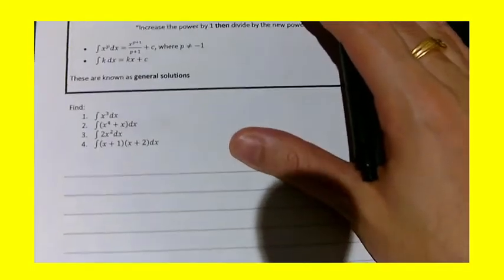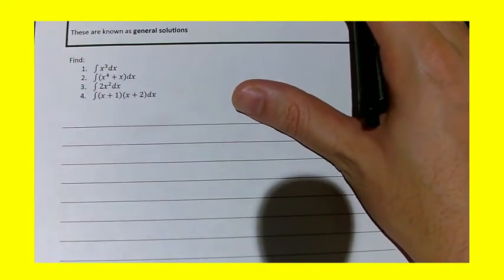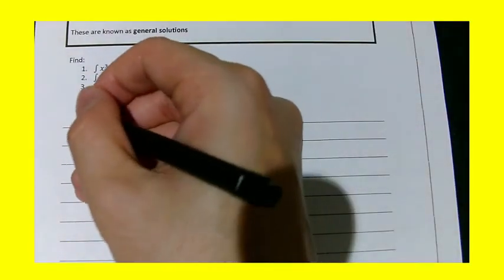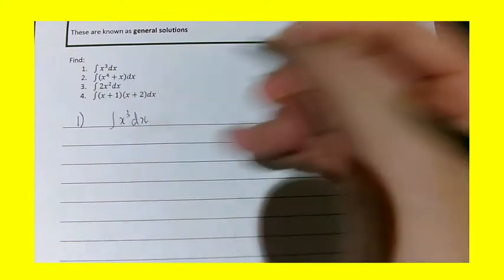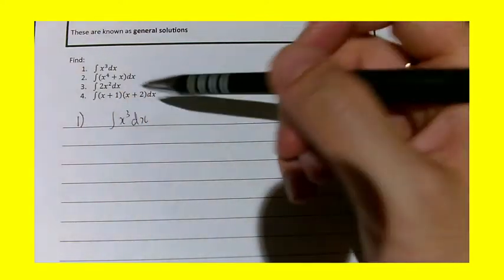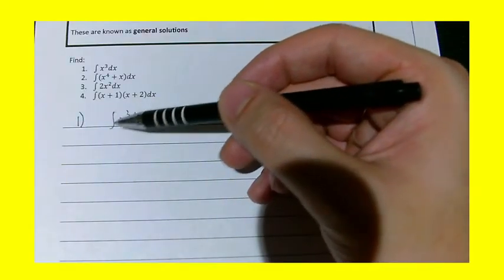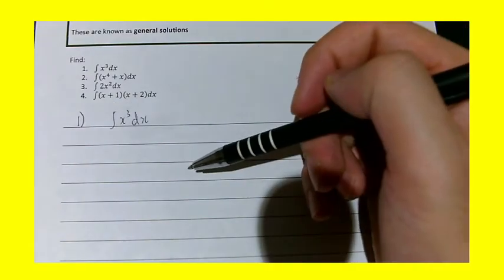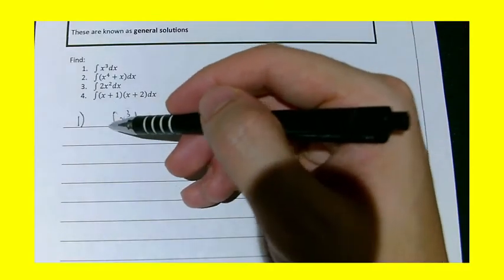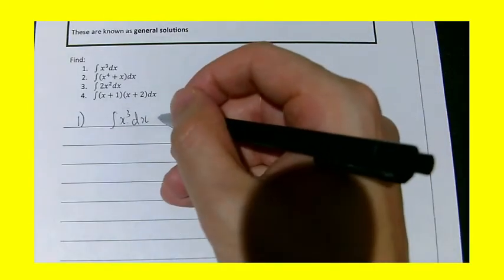So let's go through the basic rules of integration, and how we lay things out in order to get all the marks. This question is saying find this. Now, when you see the symbol, it basically means find the integral of this equation with respect to x. So this elongated s means integral of this equation with respect to x.